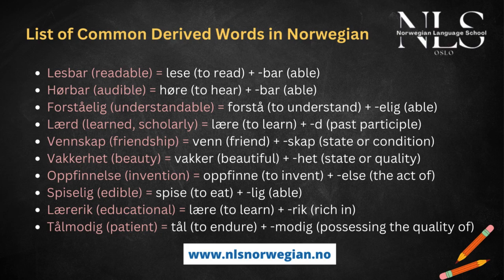List of common derived words in Norwegian. Lesbar, readable: lese, to read, plus bar, able. Hørbar, audible: høre, to hear, plus bar, able.